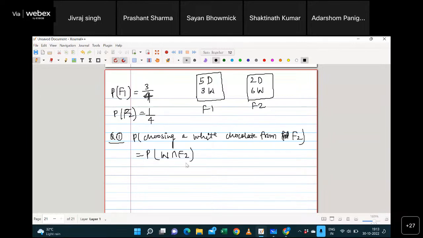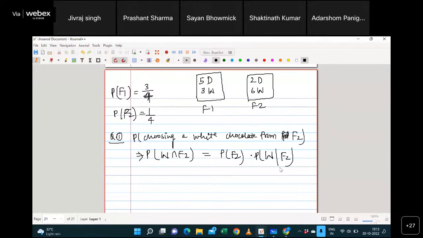So it is the probability of F2 times the probability of choosing white chocolate given F2. This is nothing but the multiplication rule.